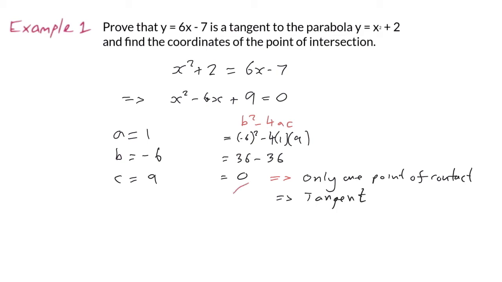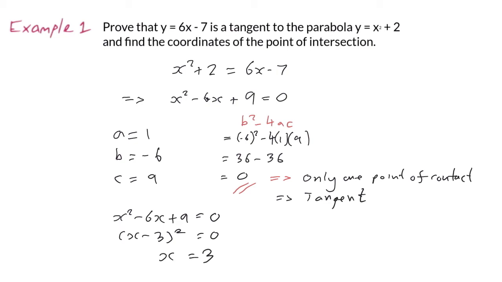We are being asked to find the coordinates of the point of intersection, so we'll now solve the quadratic, x squared minus 6x plus 9 equals 0, to find that coordinate. And we see that we have here a perfect square that factorizes to x minus 3 all squared equals 0, giving us x equals 3.